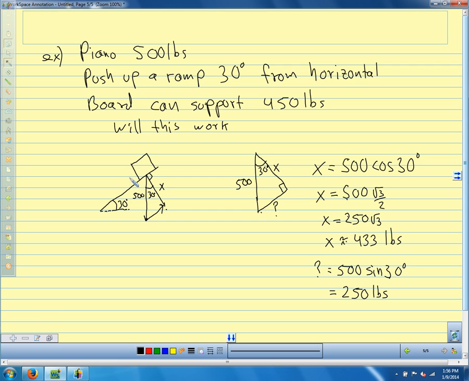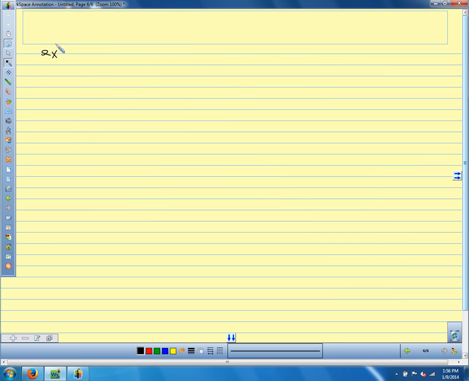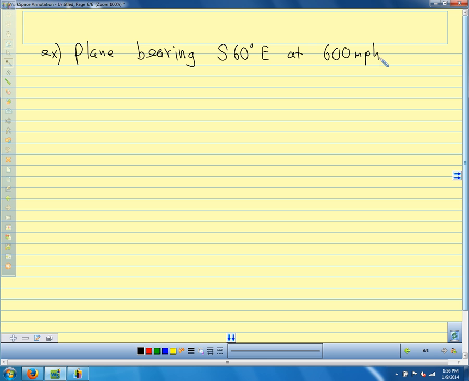This one has to do with one of our favorite topics, bearing. A bearing problem. So for this one, we have a plane. And the bearing of our plane is south 60 degrees east at 600 miles per hour.